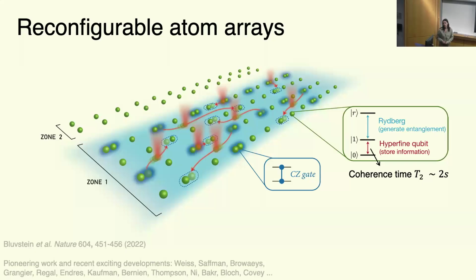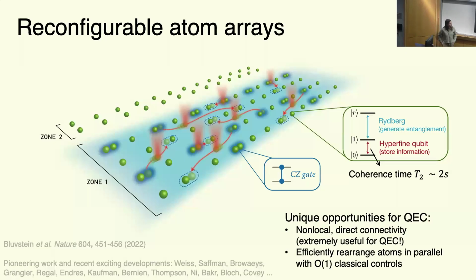And then if we want to do a gate between our two atoms in order to entangle them, we'll excite the electron up using a laser to a really highly excited electronic state called a Rydberg state. Any nearby atoms that are both in this state are going to interact, and they are going to become entangled. This will realize the native gate in the platform, which is called a CZ gate, which is basically going to apply a Z operator onto one qubit if the other qubit was in the one state. So it entangles the two qubits.